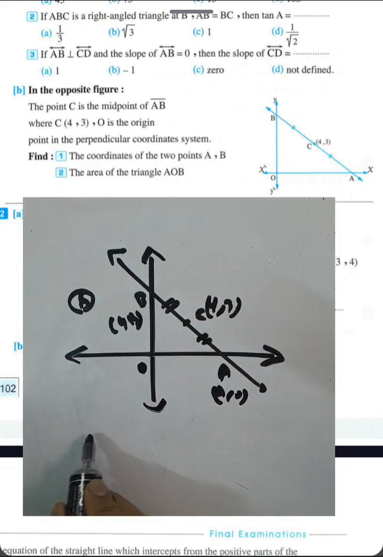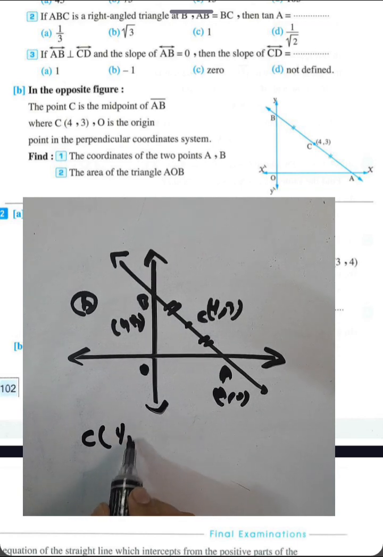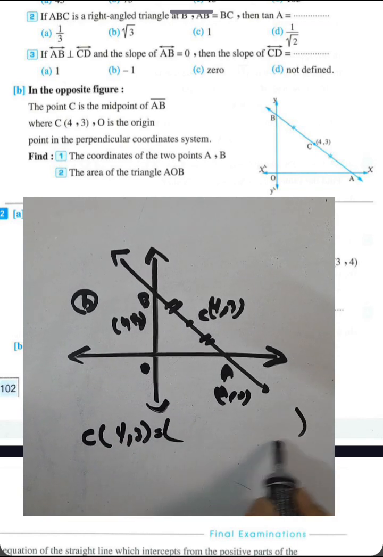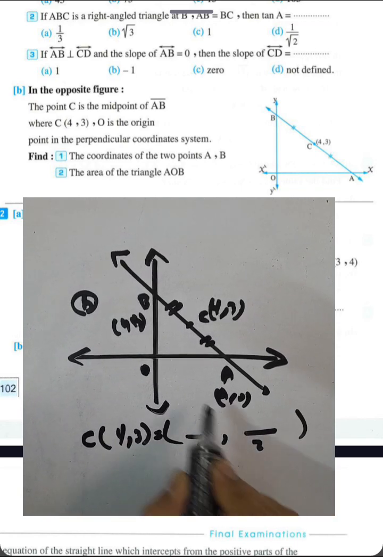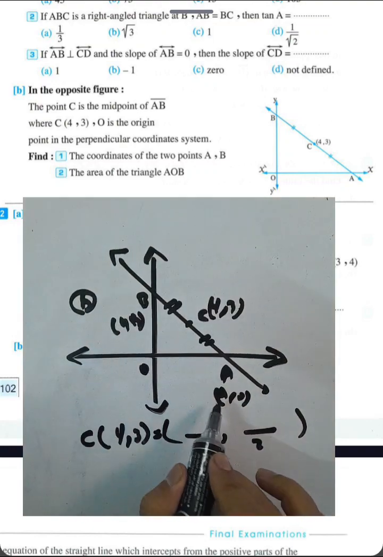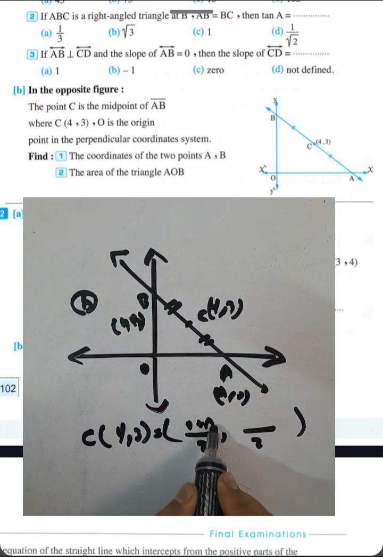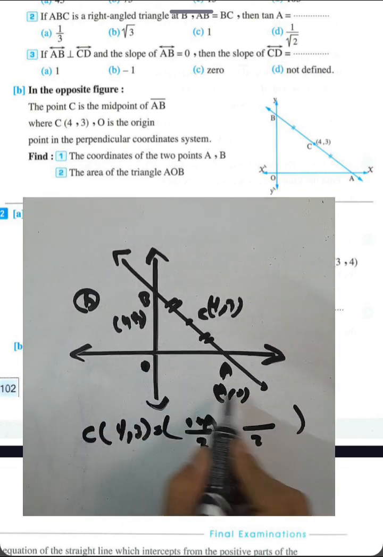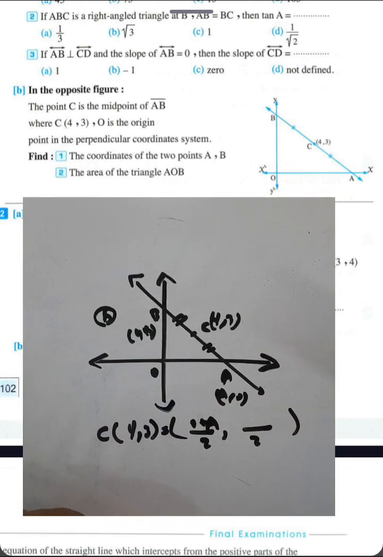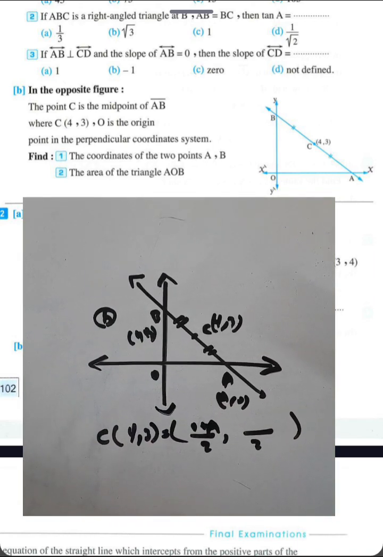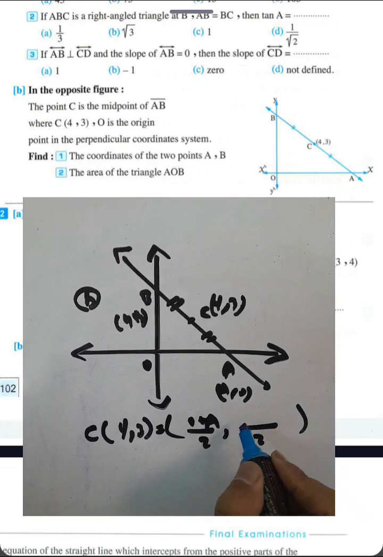And we can write the rule of point C, 4 and 3, equal to 0 plus A divided by 2, and 0 plus B divided by 2.